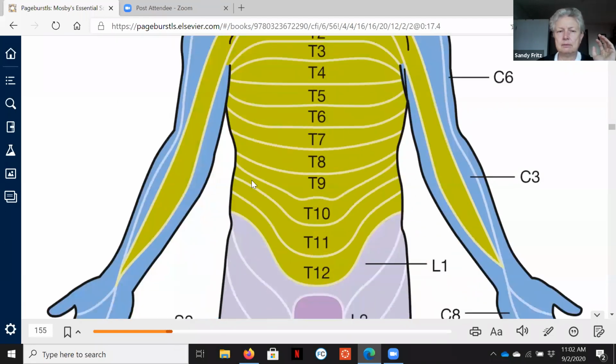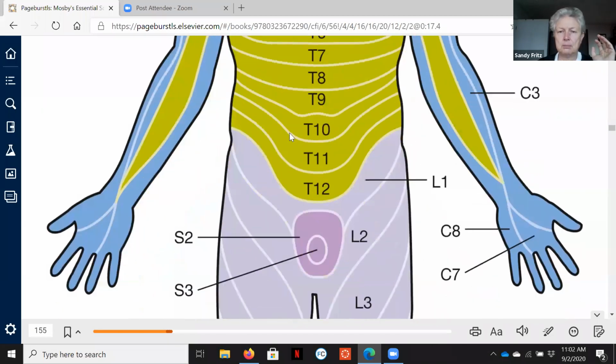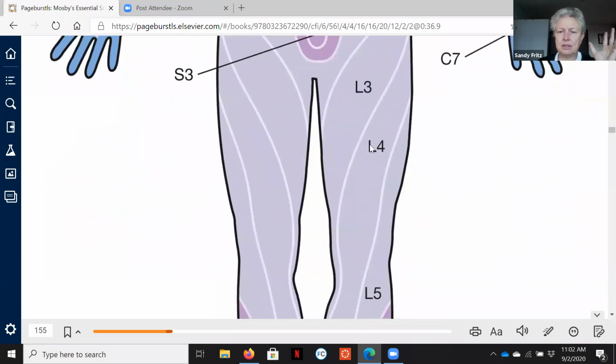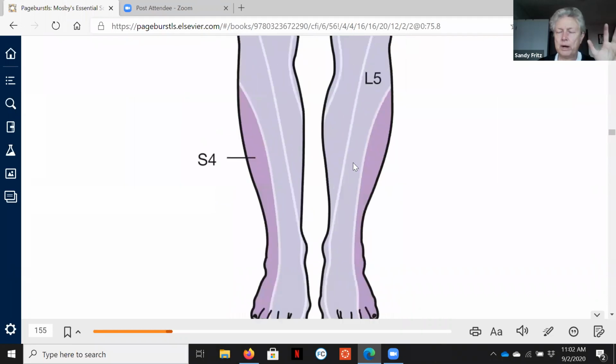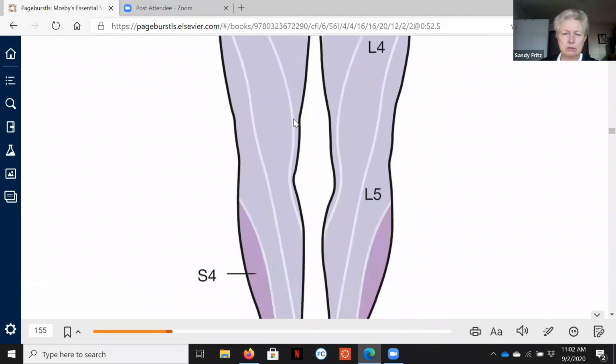And then the distribution through the trunk, notice that there's some of this that goes down into the arm. So these dermatomal representations can give us a little bit of an idea of where up in the trunk area there might be some compression or irritation or inflammation.